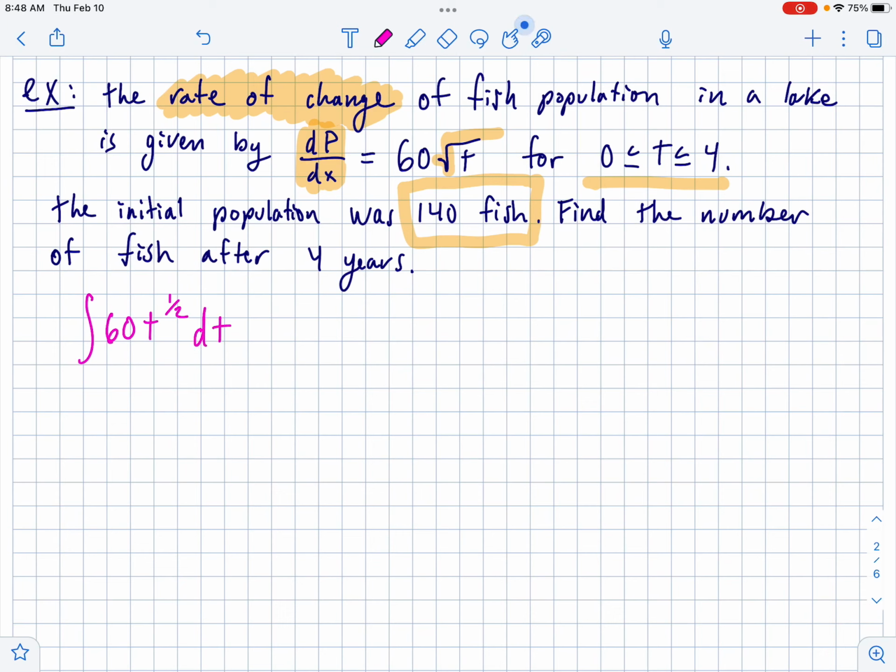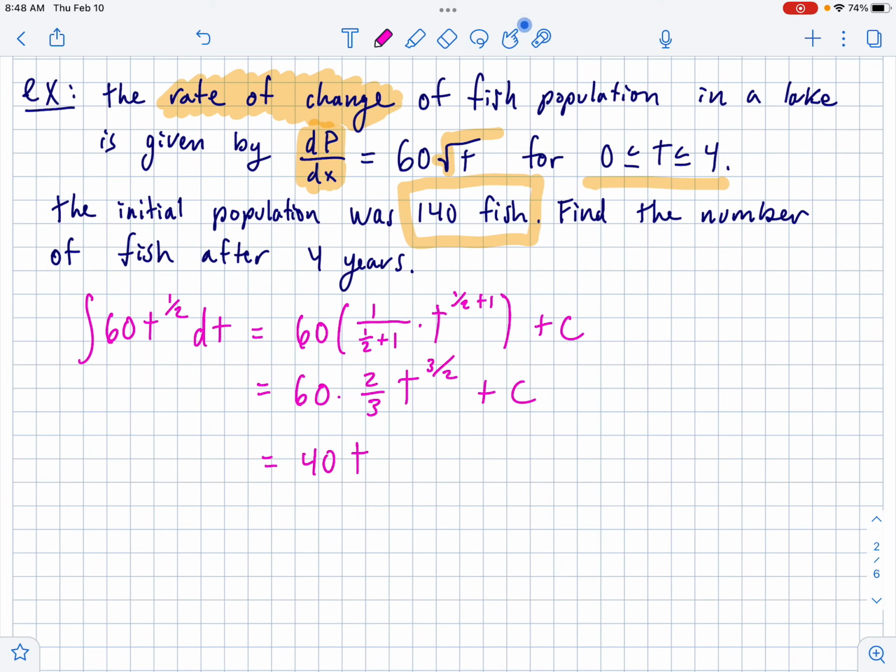This will be dt as well, derivative with respect to t. So this will be 60 times 1 over 1/2 plus 1 times t to the 1/2 plus 1 plus c. 1 plus a half is 3/2, and then when you turn it upside down, you get 60 times 2/3 t to the 3/2 plus c. 3 goes into 60 20 times. 20 times 2 is 40, so this is 40 t to the 3/2 plus c.